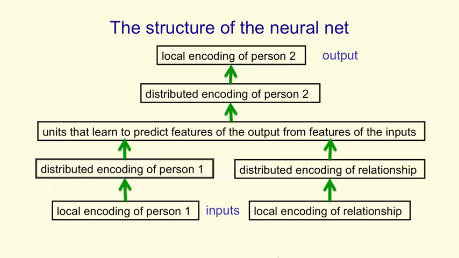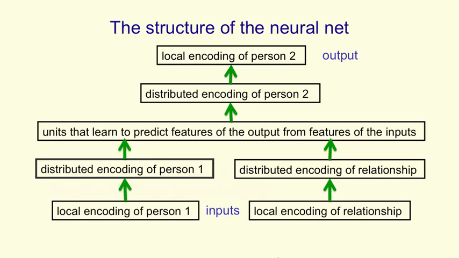But now in the next layer of the network, we've taken the local encoding of person 1 and connected it to a small set of neurons. I actually used 6 neurons for this. And because there are 24 people, it can't possibly dedicate one neuron to each person. It has to re-represent the people as patterns of activity over those 6 neurons.